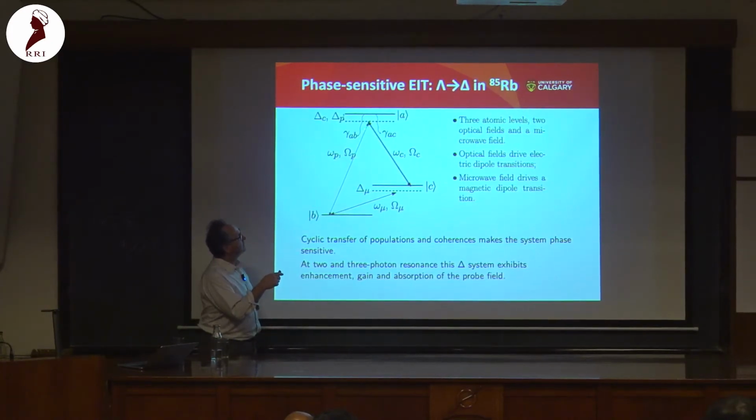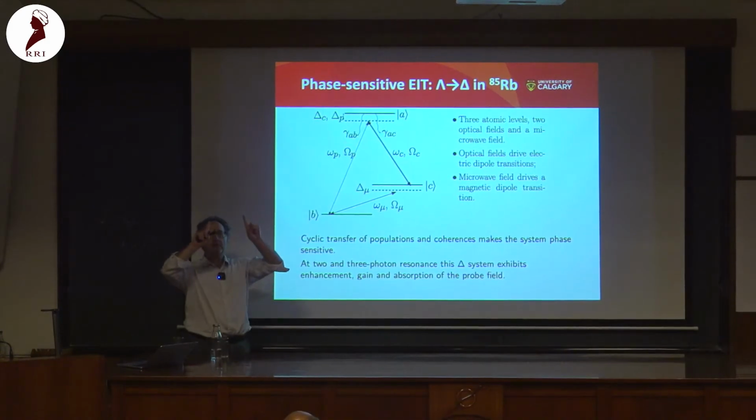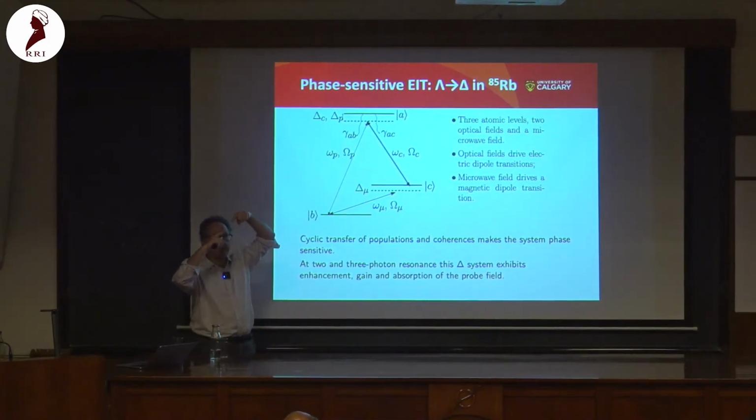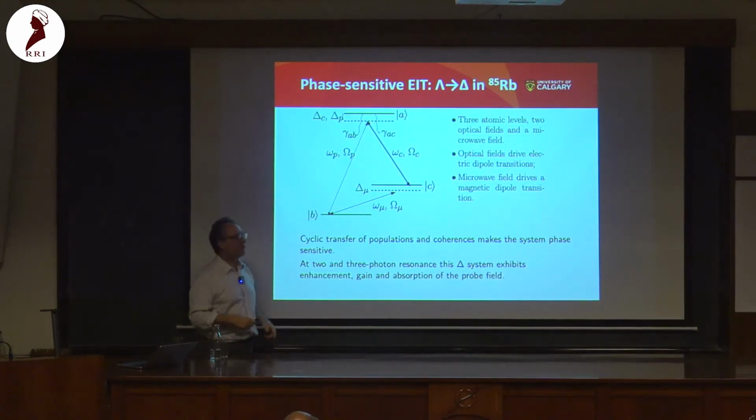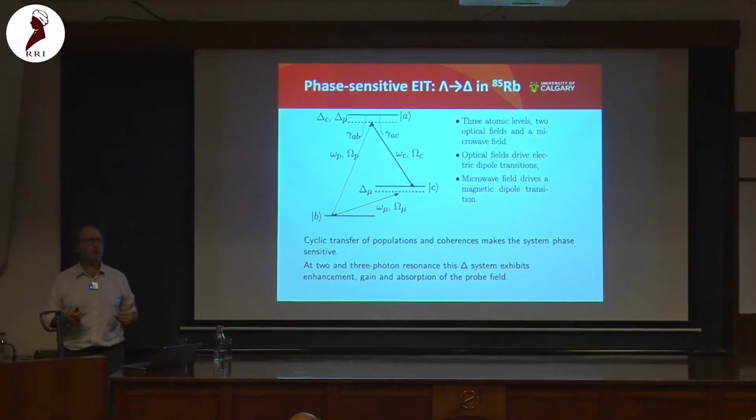And then when you split the line, if the two lines, under that driving, both decay in the same reservoir, you get your electromagnetically induced transparency. So this is not population inversion. It's called coherent population trapping.